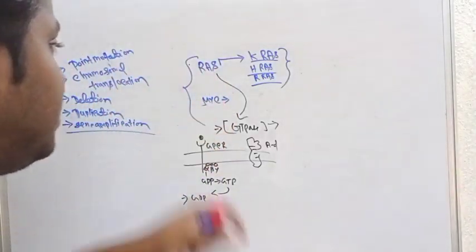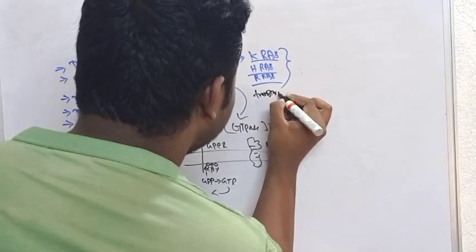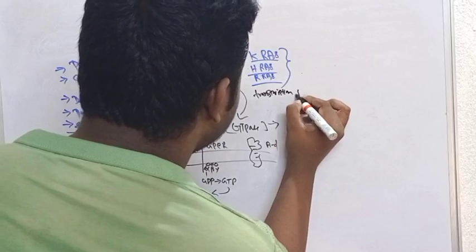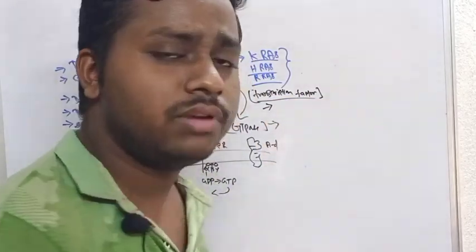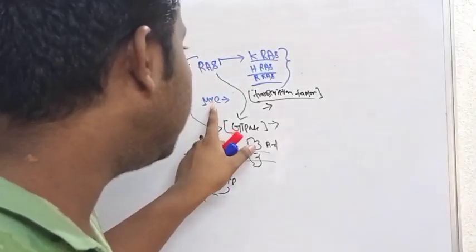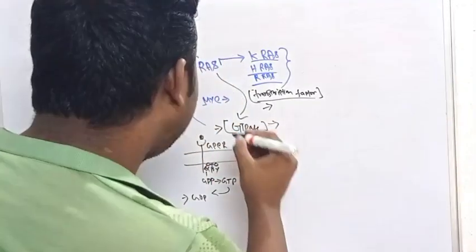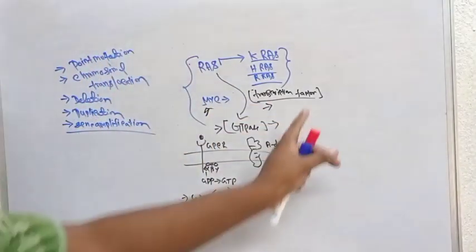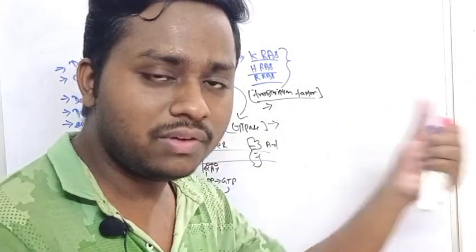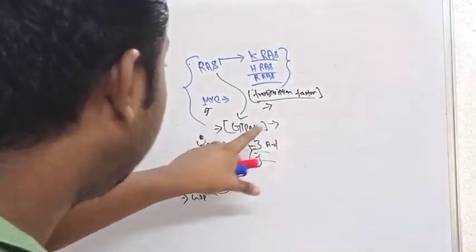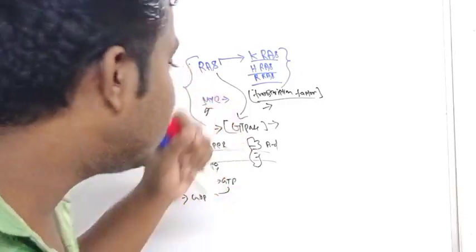Another is the MYC gene. The MYC gene codes for a transcription factor, which regulates the cell cycle, along with different regulatory proteins present in the cell cycle. If this proto-oncogene is mutated and forms an oncogene, the oncogene produces lots of transcription factors, which increase cell progression through different stages, G1, S, G2, M. So these are the proto-oncogenes.